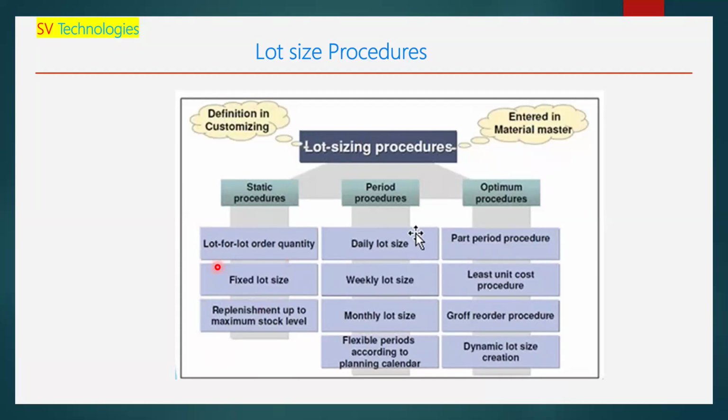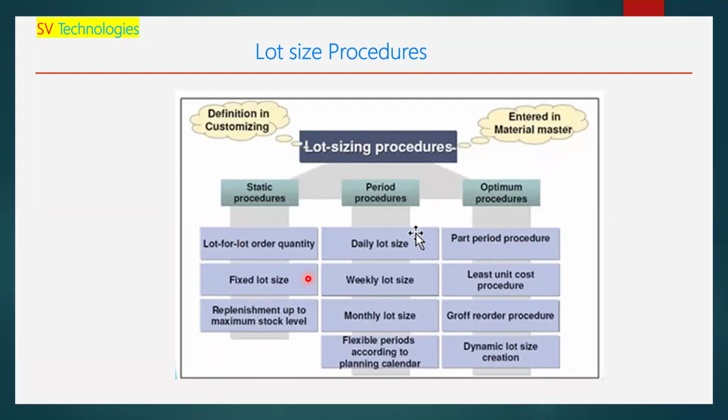Apart from the fixed lot size, there are two other functionalities: minimum lot size and maximum lot size. That is also based on the requirement. Suppliers may have a minimum and maximum order quantity, so when placing a PO there should be some minimum quantity. Some suppliers may say their minimum quantity is 1,000 and their maximum deliverable quantity is 10,000.